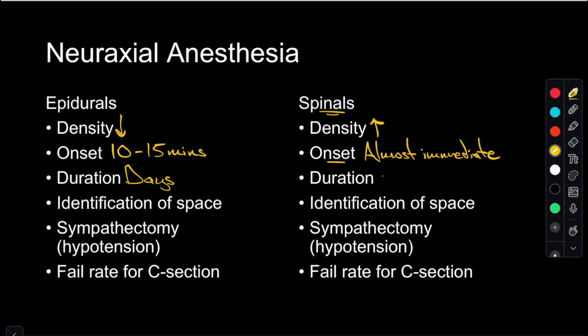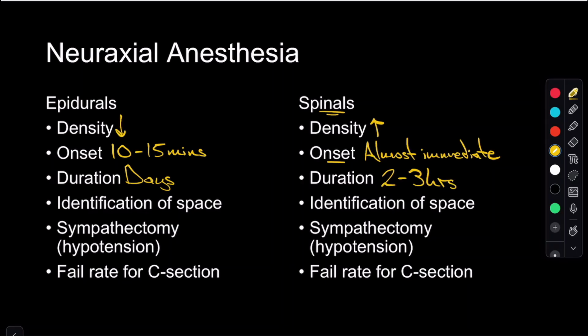So long as the epidural continues to function as it should, then you can leave that catheter there and it continues to administer medication and provide anesthesia. Spinals, on the other hand, you introduce a needle into the subarachnoid space and then inject a medicine and then remove the needle. And these generally work for about 2 to 3 hours.